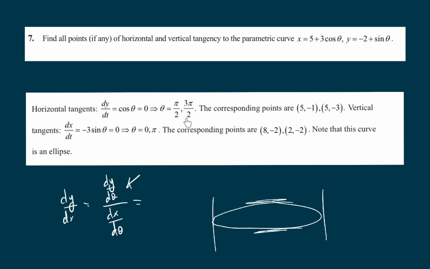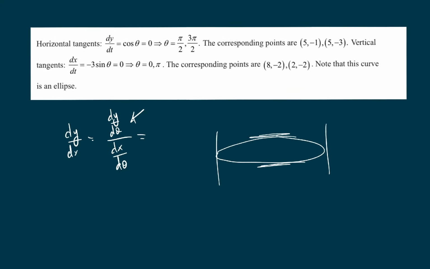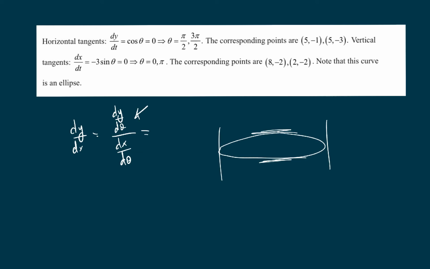And more, there are more points where cosine of theta is 0, when it's a multiple, 2n plus 1 multiplied by pi. Let's go see. The theta goes and goes, so let's go right here.